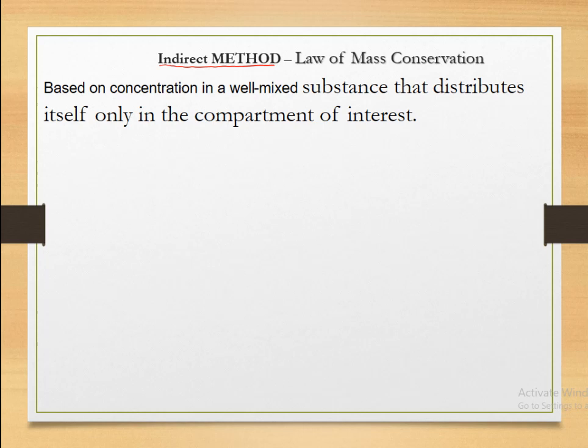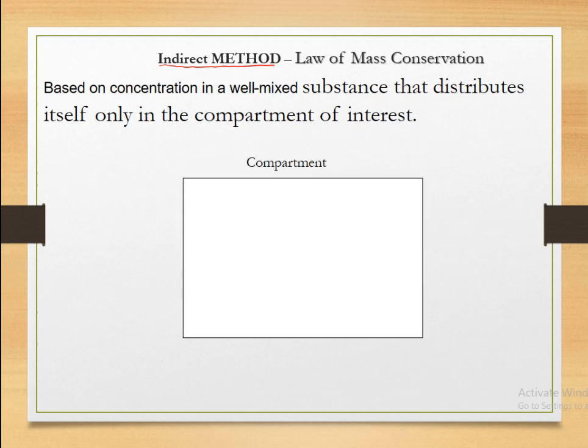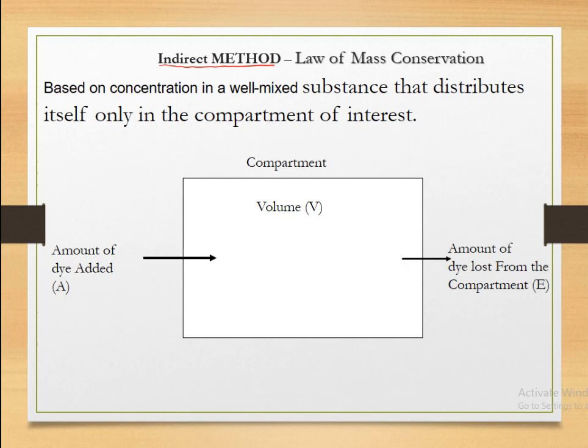When you talk of the indirect method, this is based on the concentration of a well-known mixed substance that distributes itself only in the compartment of interest. Let's quickly look at this. Let's say I have three compartments, and this compartment has the amount of fluids that we are interested in.